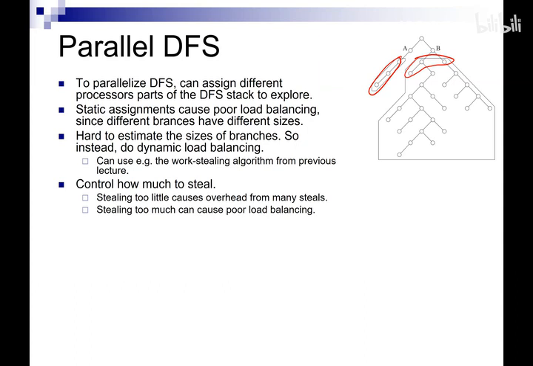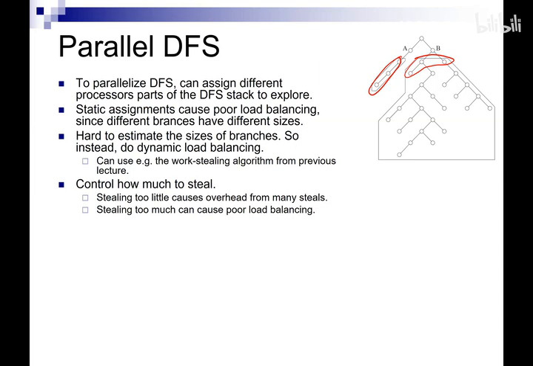The way that work stealing worked was that each thread maintained a queue of tasks that it still has to perform. In this case, your queue would just be all of the items in your stack. That's the amount of work that you still have to perform.